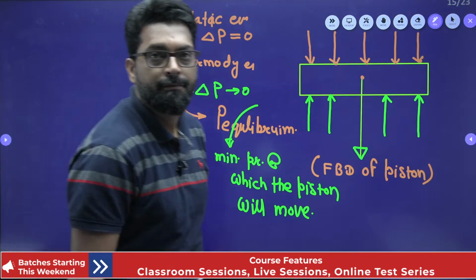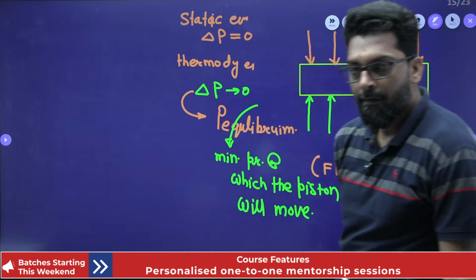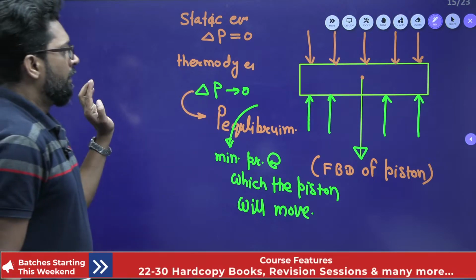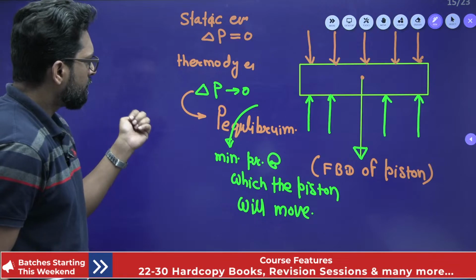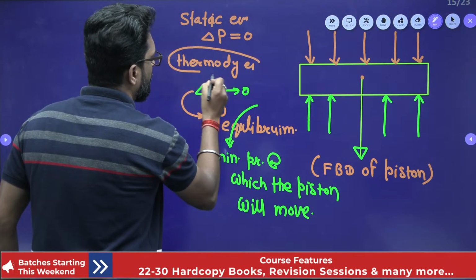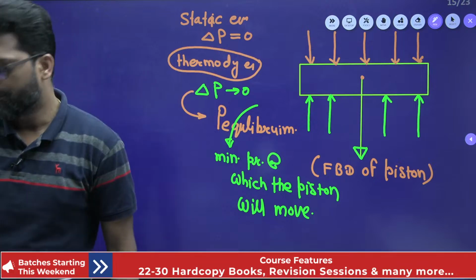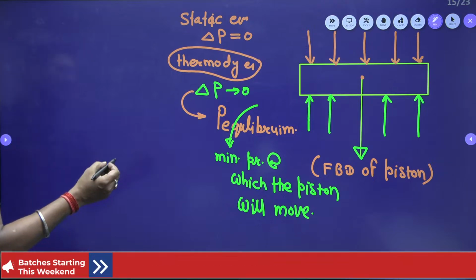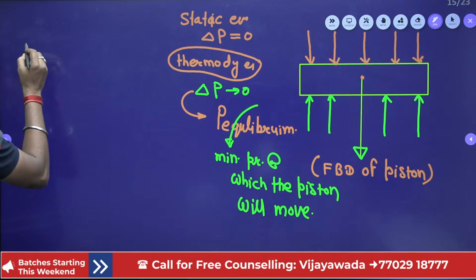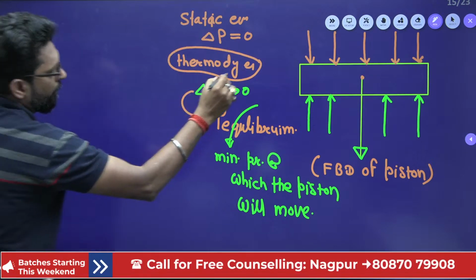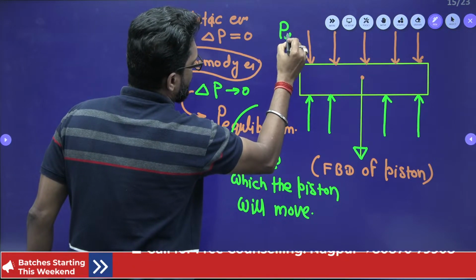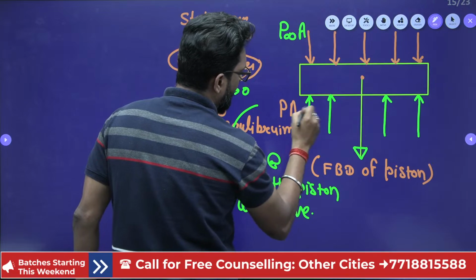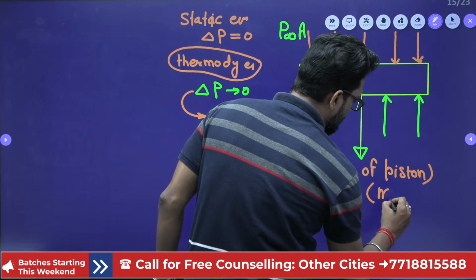Is it clear? So this is your concept. This is thermodynamic equilibrium, and this is your static equilibrium. Very important. In the free body diagram, this is your outside pressure P infinity into area, this is your inside pressure P into A, and this is the mass of the piston into g.